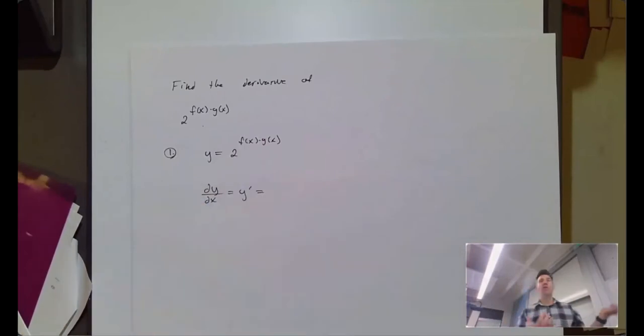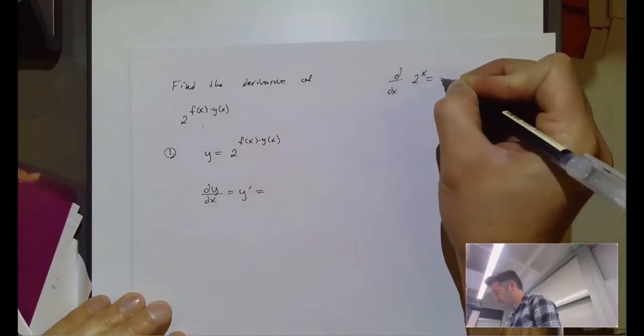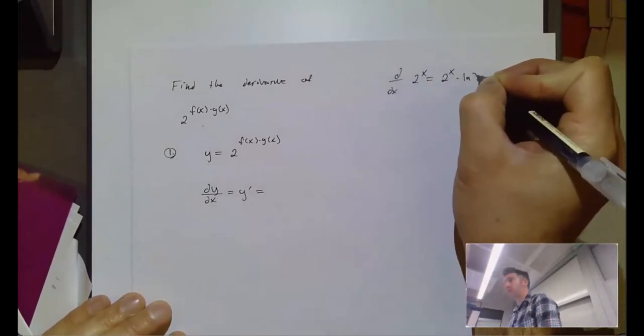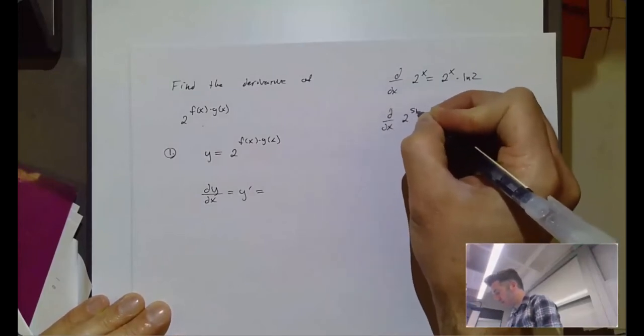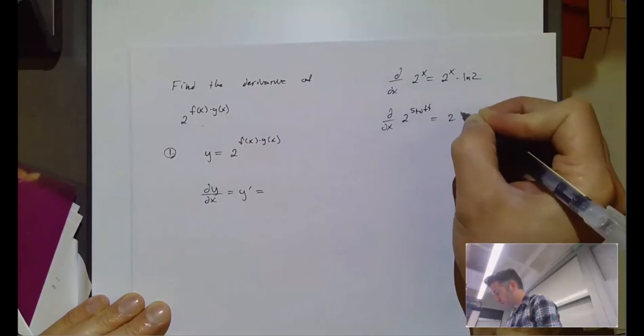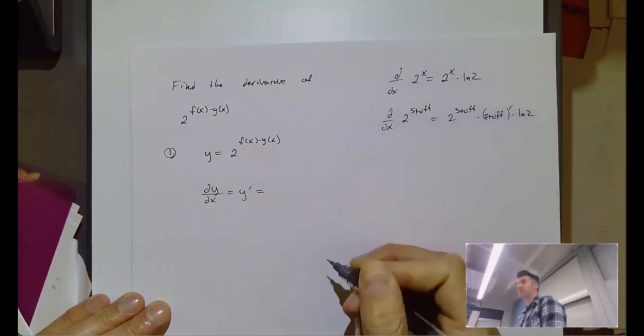You could do this a long way, but we do have a rule for when your base is a constant to a power that's a function. We know that the derivative of 2 to the x is 2 to the x times the natural log of 2. And the derivative more generally of 2 to the stuff is 2 to the stuff times the derivative of the stuff times the natural log of 2.